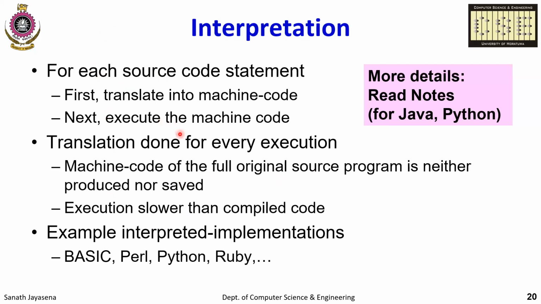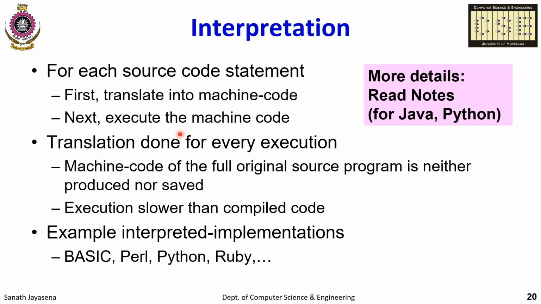What I explained here is a simplistic explanation, generally correct for most cases. But when it comes to actual modern languages, sometimes a mix of both compilation and interpretation can happen. For example, Java and Python are actually like that.